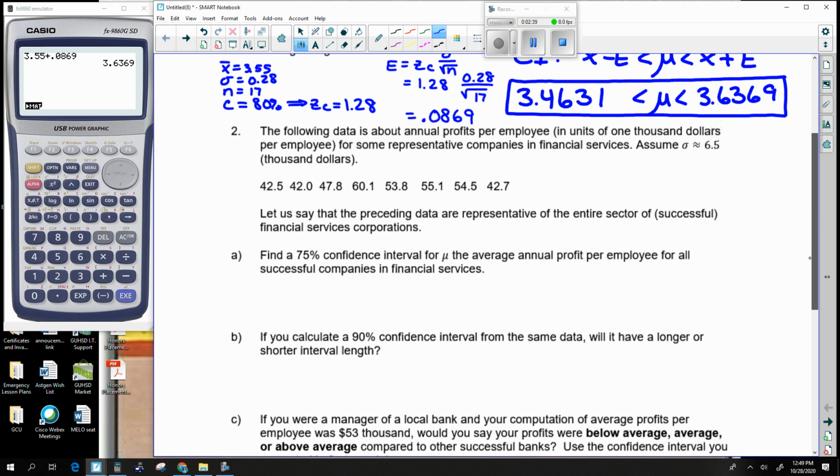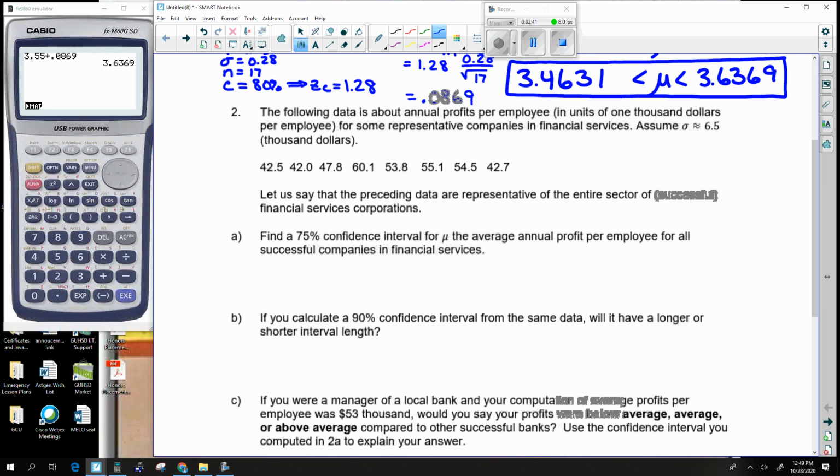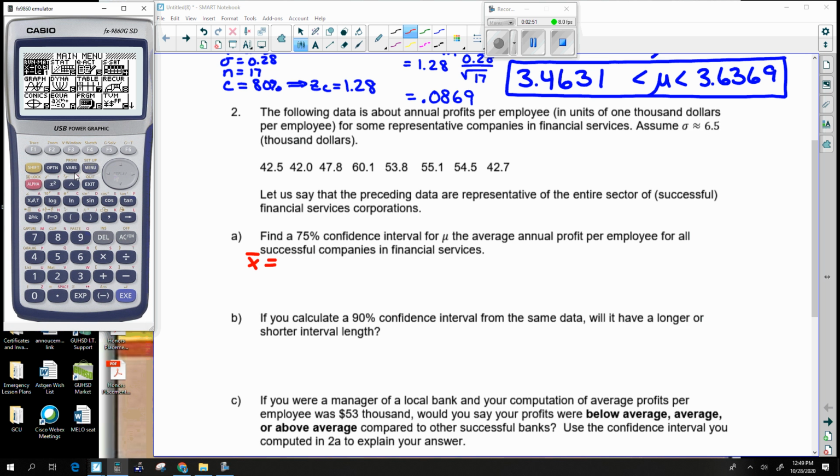Okay, now we're talking about profits per employee. So I don't think they provide us with an X bar, so this is the hardest part of the problem. So let's go ahead and set that up if we can.